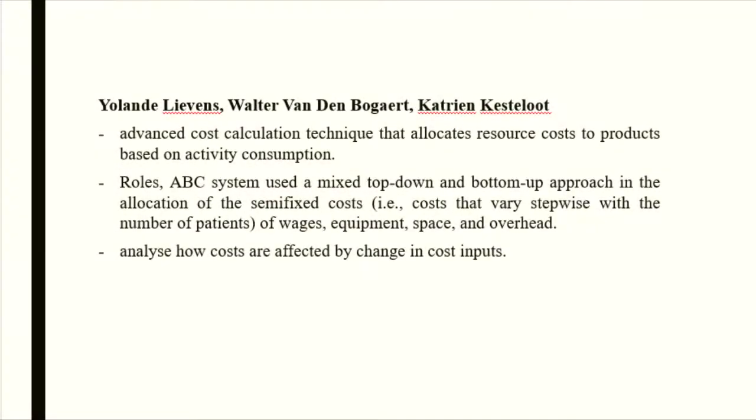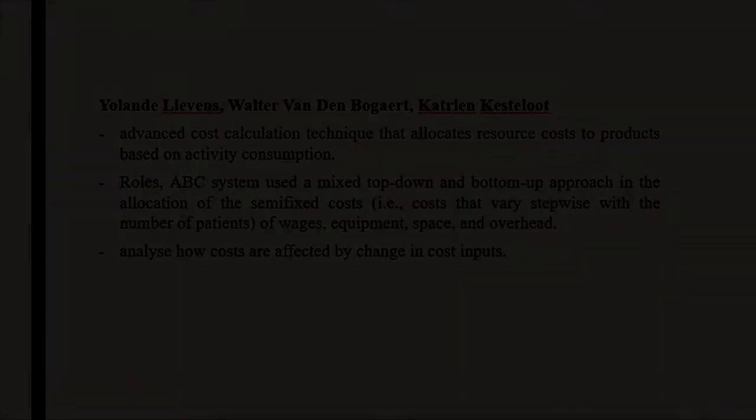Last but not least, Yolanda Levent, Walter Van den Bergh, and Catherine Castello defined ABC as an advanced cost calculation technique that allocates resource costs to the product based on activity consumption. ABC systems use a mix of top-down and bottom-up approaches in allocating semi-mixed costs. Thus, the ABC model can also be used to analyze how costs are affected by changes in the cost output. Okay, let's go back to the class.